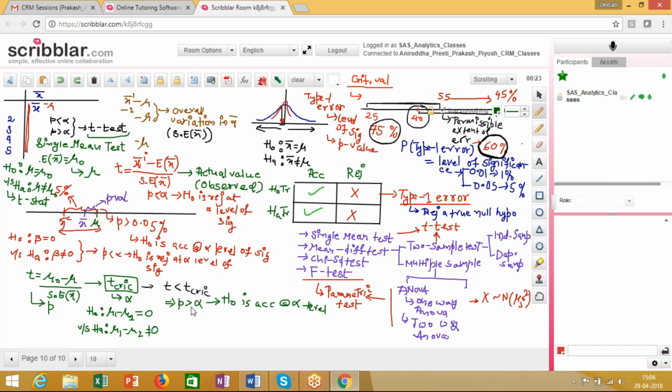So this is what the test hypothesis is. So when I look at the average delivery time, the difference is not very significant.